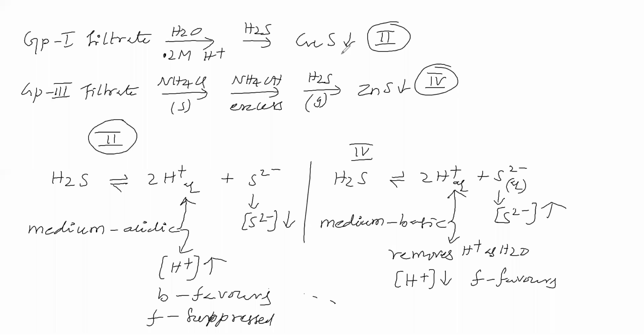No, group 4 cations do not precipitate in group 2. So that is why we have to do group separation of cationic analysis systematically. Now, cationic analysis we are not doing systematically; directly we are doing group 4.